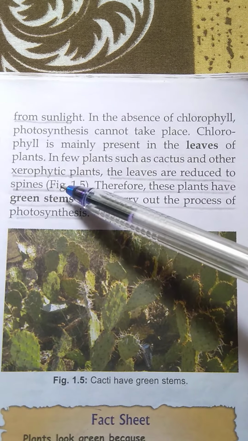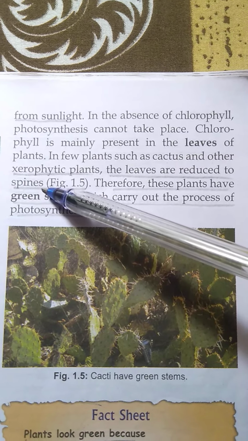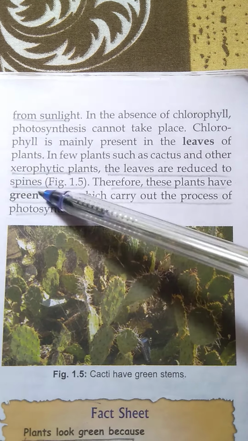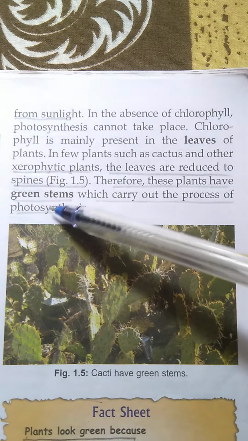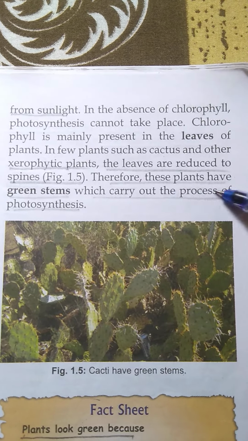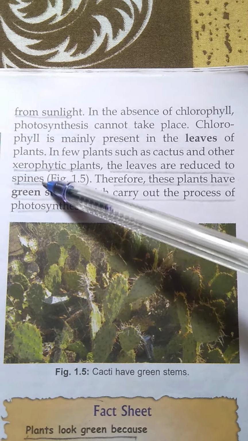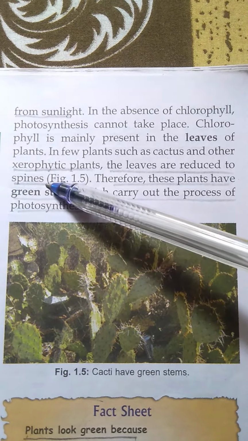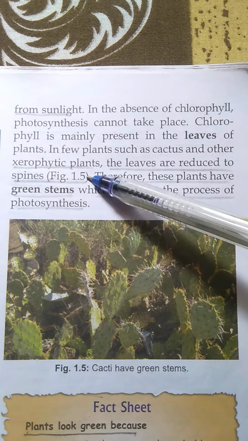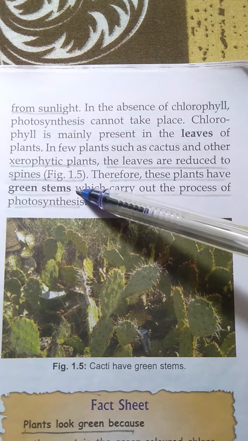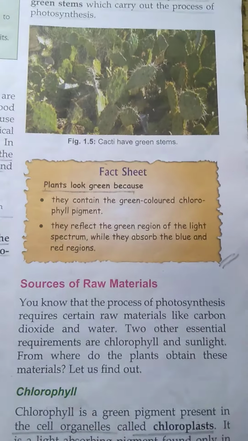Because these spines help them in less transpiration, and therefore these plants have green stems which carry out the process of photosynthesis. The spines do not help in photosynthesis, but the green stems help in photosynthesis.